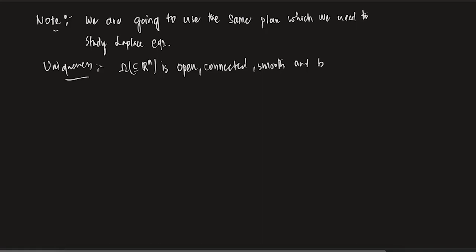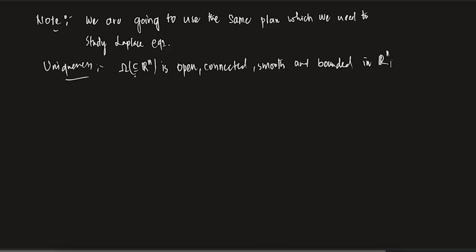And bounded in R^n. Clear? Right. Now, if you are taking omega like this, we want to see if there is a unique solution. If we can solve the problem, does there exist a unique solution for that? And what sort of problem are we talking about? Let me write down that problem and then it will be more clear.